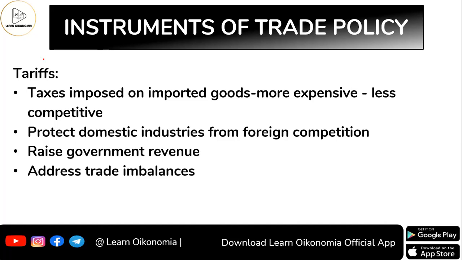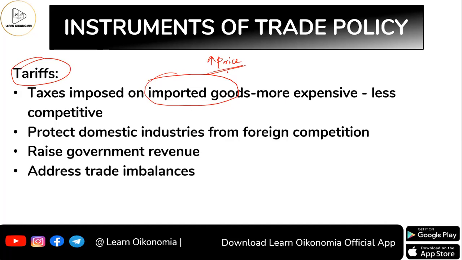The first instrument is called tariff. What does tariff mean? Tariff means a kind of tax that you impose on an imported commodity. When a tax is imposed on a particular commodity, the price of the commodity will increase.